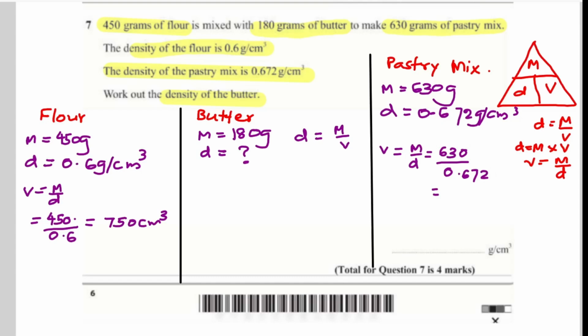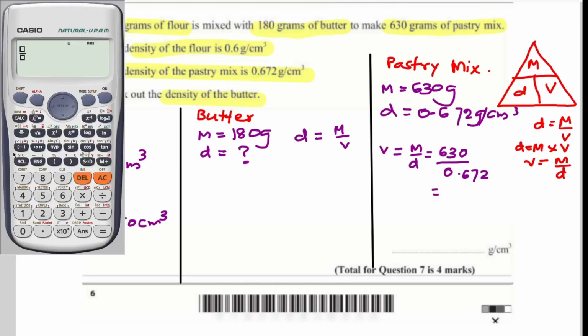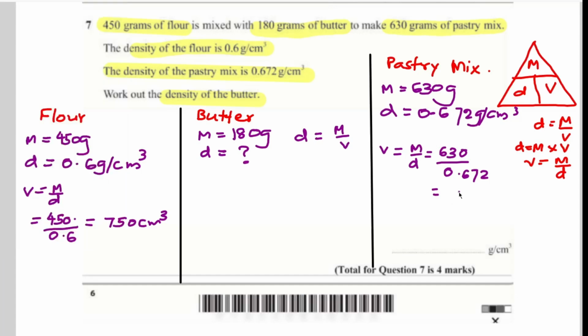Let's divide it again. 630 divided by 0.672 equals 937.5. So this is the total volume, because this is the volume of the pastry mix.